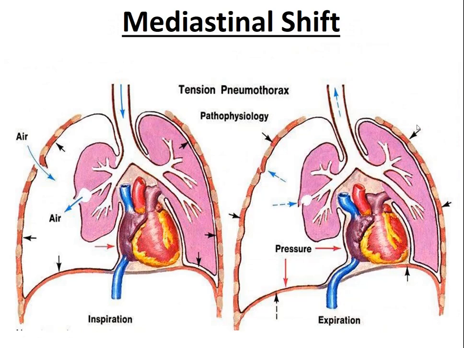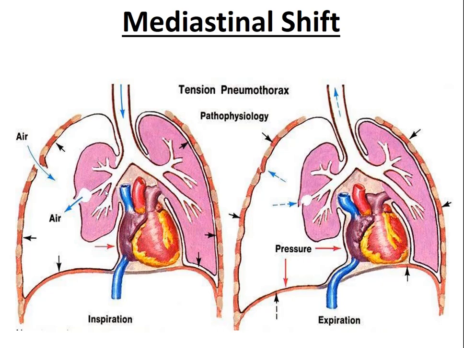Now, the mediastinal shift. Due to pathology of the lung or pleural cavity, the mediastinum may move from its original position, and that is known as mediastinal shift. That may be due to lung pathology of one side, like a pneumothorax, which is going to push the mediastinum to the healthy or opposite side.